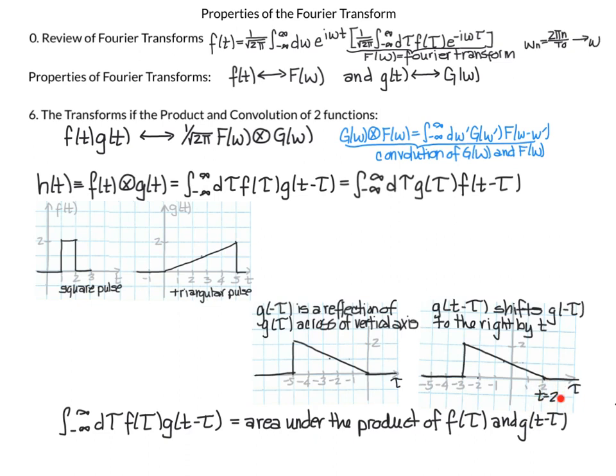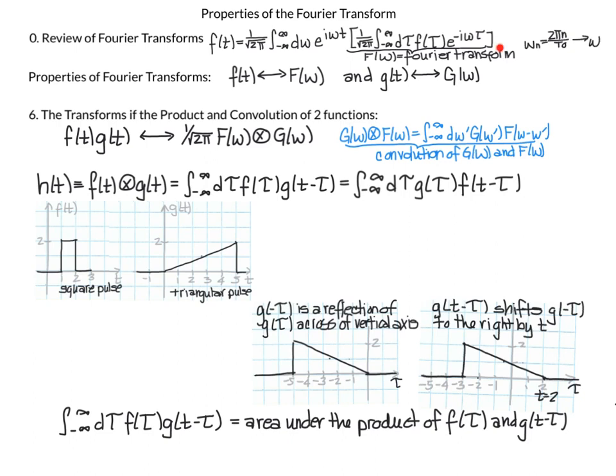Here t is equal to 2, here t is equal to 0. So how much we shift will impact the area under the curve. And I'll show you why that is in just a minute. But since it depends on that, we should note that the convolution of f of t with g of t gives us a function dependent on t, the amount we have shifted.